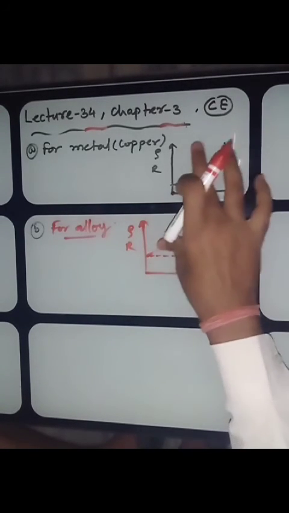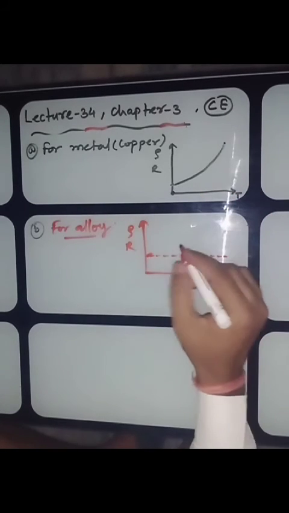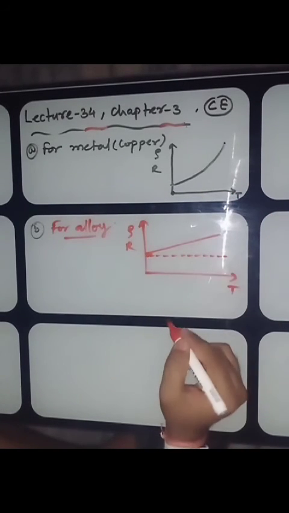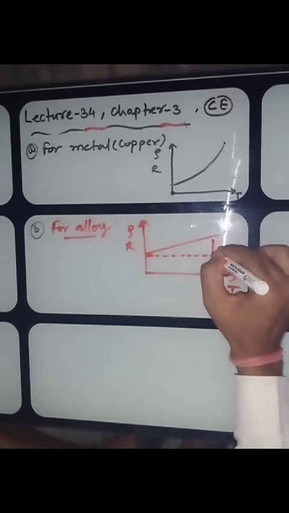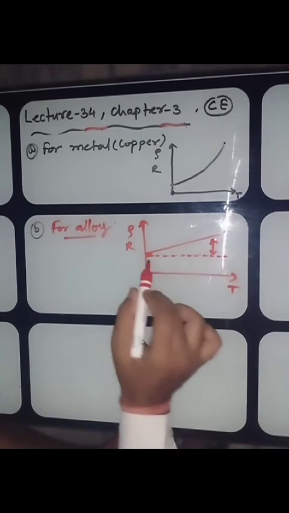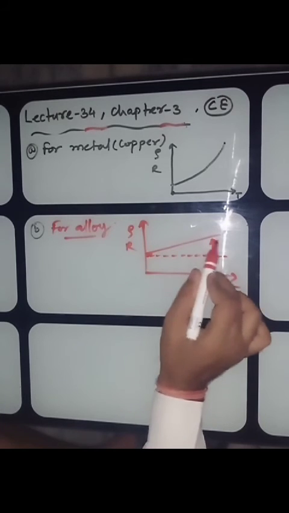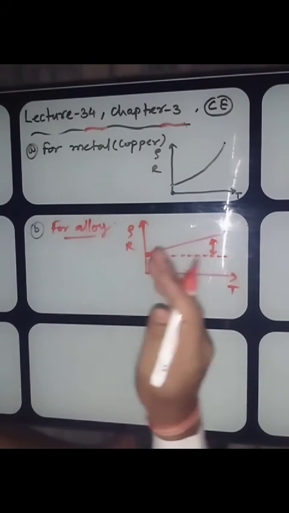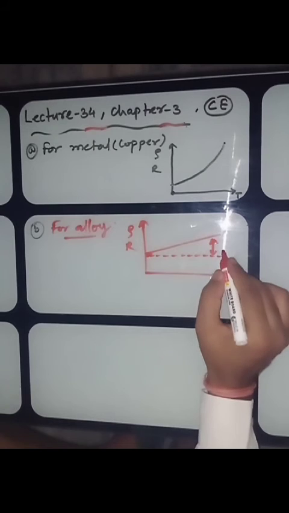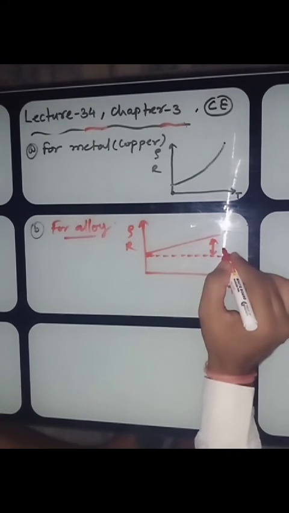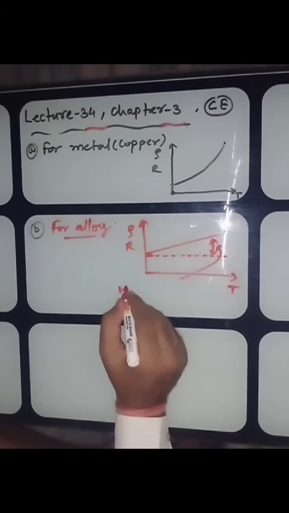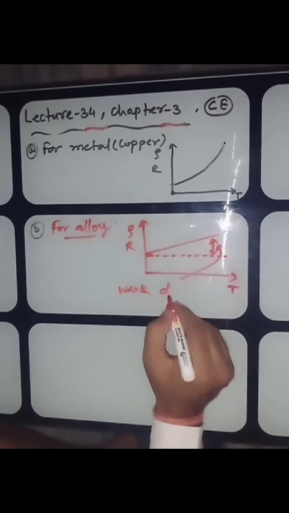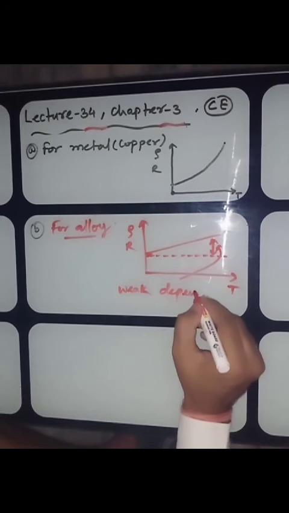I think this will be very steep, like this way. And this is the weak dependence. It shows that because you can see the slope is very small. Slowly it is increasing, and this represents the weak dependence. Okay, this arrow represents the weak dependency on temperature.